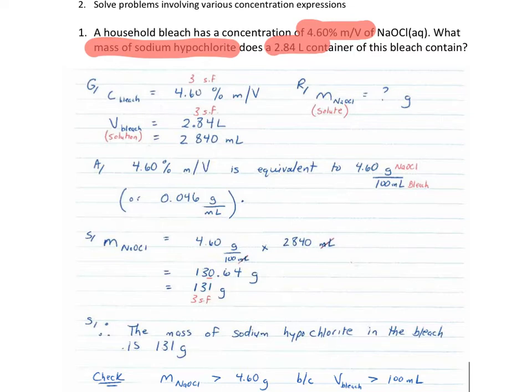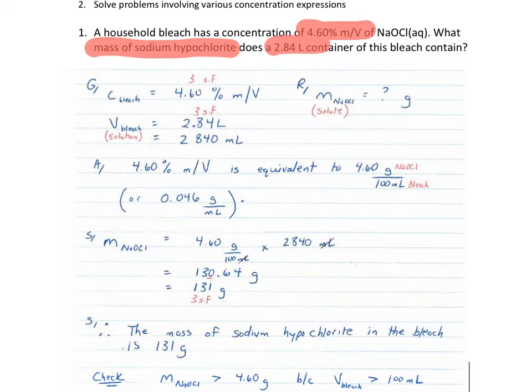In the given information section, I've said that we know the concentration of the bleach, we know the volume of the bleach or the volume of the solution, and what we're trying to find out is the mass of the NaOCl, the sodium hypochlorite, which is our solute in this case.